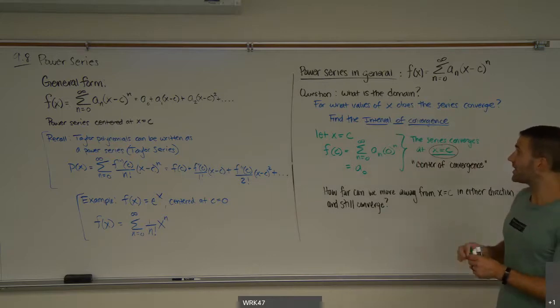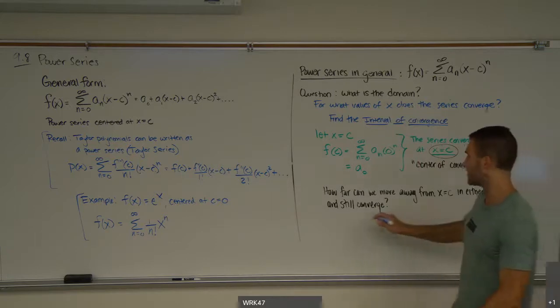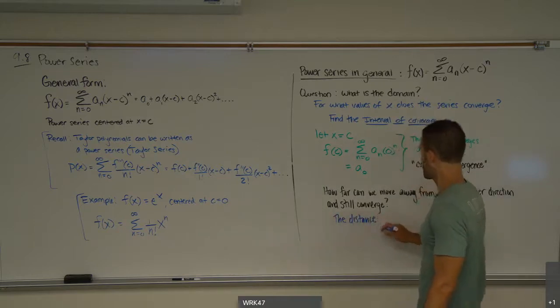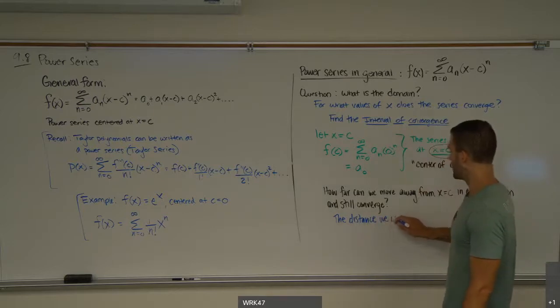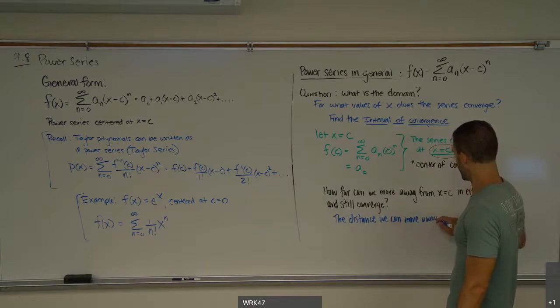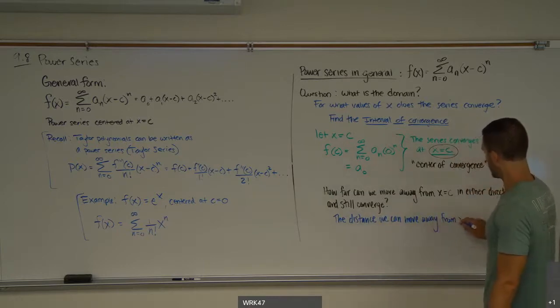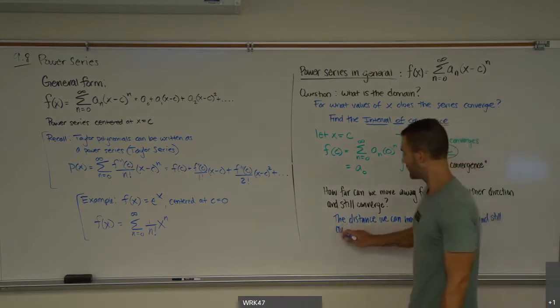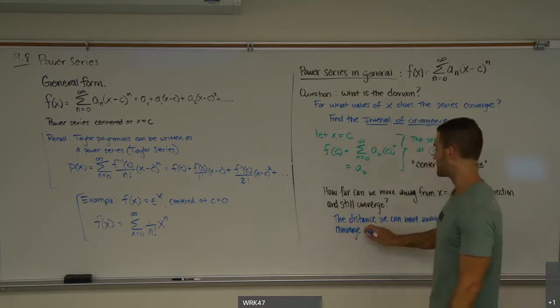Well, the distance we can move away from c and still converge is called the radius of convergence.